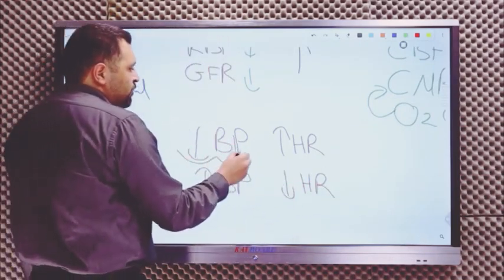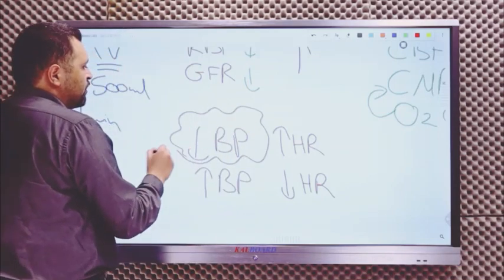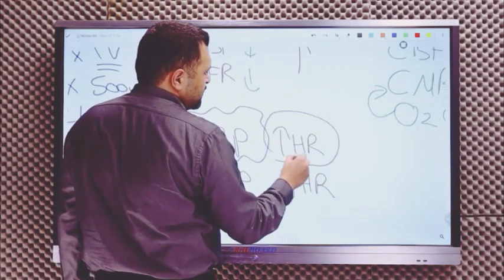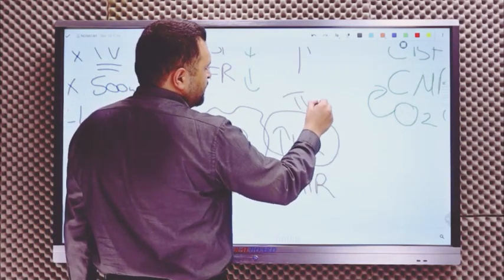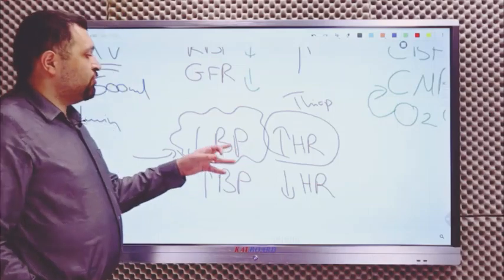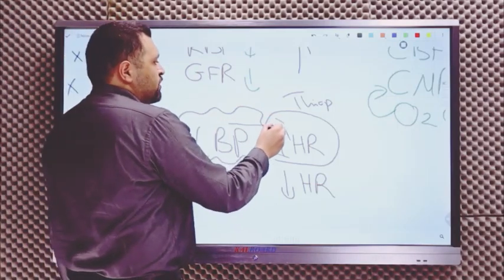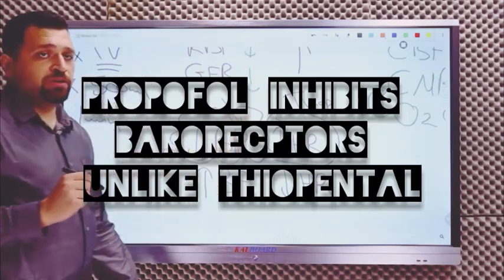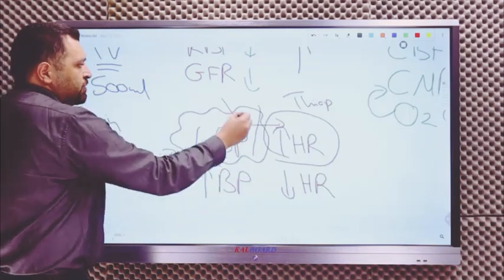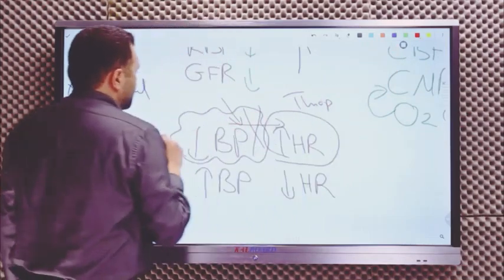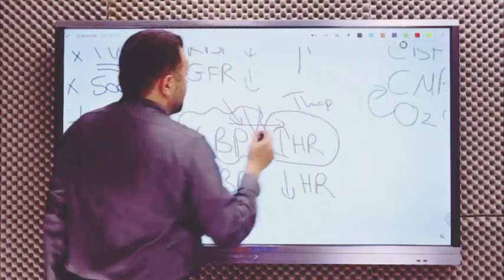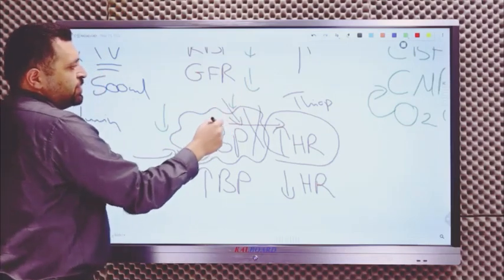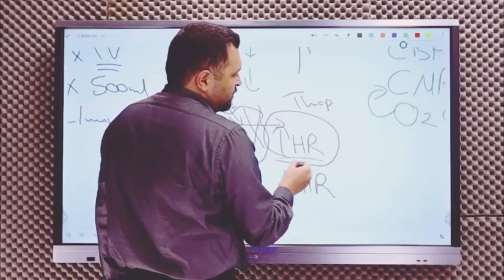Now, both of our drugs, thiopental and propofol, decrease blood pressure. That's why you should have increased heart rate, as in thiopental. Because the baroreceptor will do this, but propofol prevents the baroreceptor from doing its job. So propofol, the green one, decreases blood pressure and depresses the baroreceptor, so the heart rate can't increase.